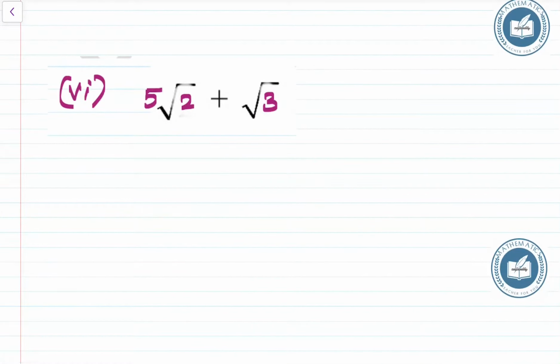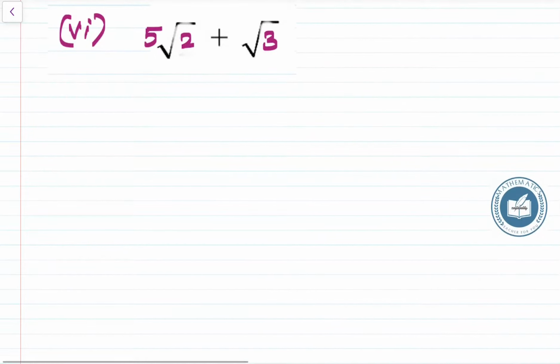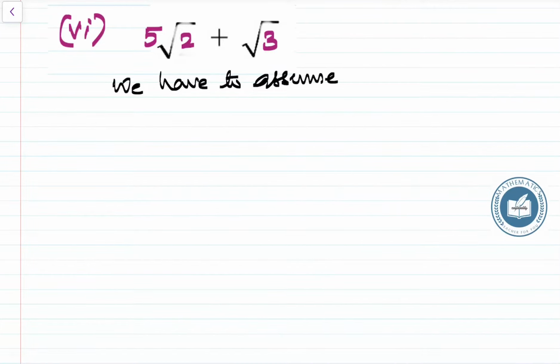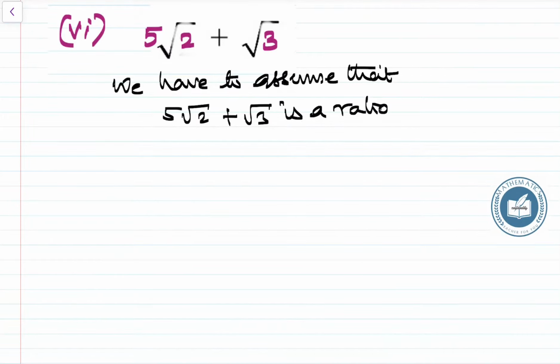The next problem, 5 root 2 plus root 3. Here also we have to assume that 5 root 2 plus root 3 is a rational number.